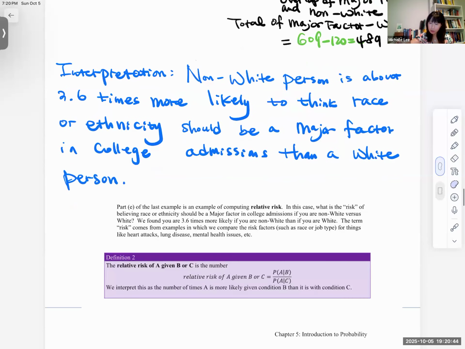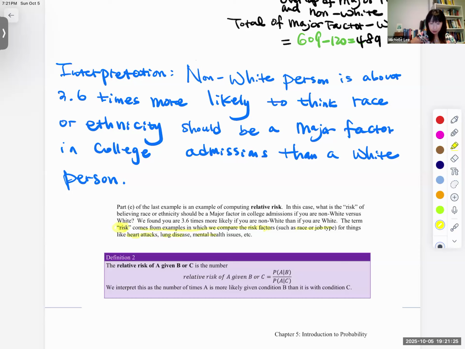Okay, so like what we just did in that example, we have a terminology, relative risk. So this means the risk, let me highlight, risk comes from examples in which we compare the risk factors such as race or job type or like heart disease or lung disease, mental disease, like risk factors.